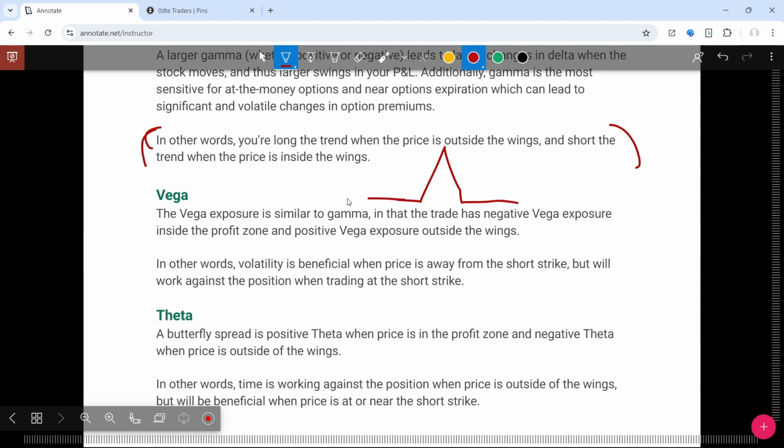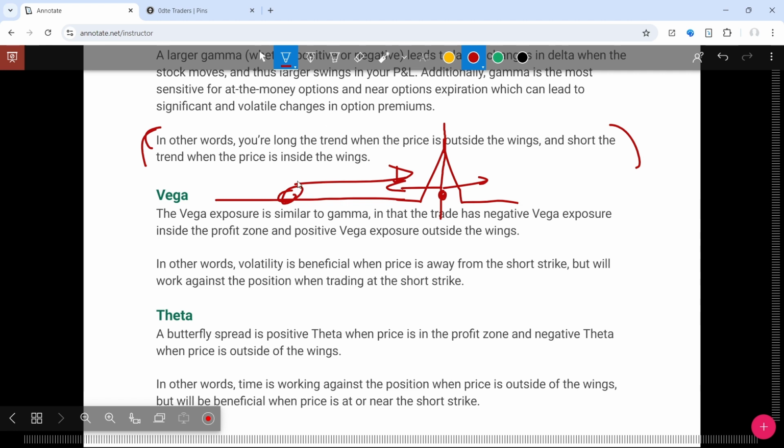If you are positioned out of the money, and this is your target, you want that volatility. If price is in that profit zone, you don't want volatility, because the maximum profit is realized at the short strike at option expiration. So you don't want volatility to push you outside of that profit zone.